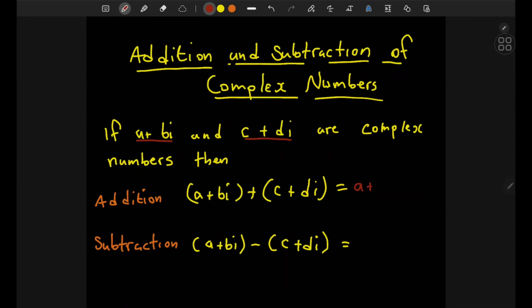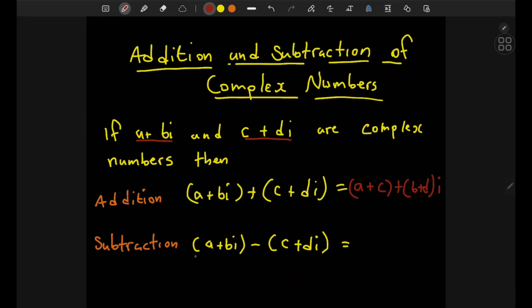That is, we'll say a plus c, that's the real part, then plus we'll have the imaginary part separately. So the imaginary part consists of b and d. So that means we'll have b plus d, then the i will be outside. This is the imaginary part. So that's how it works. So the real part separately, the imaginary part separately.